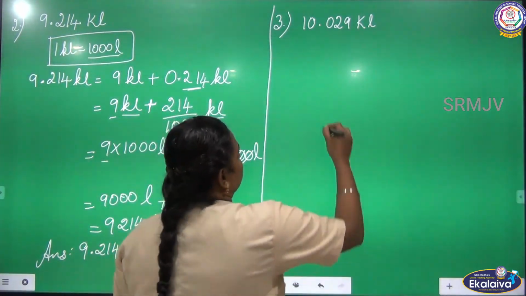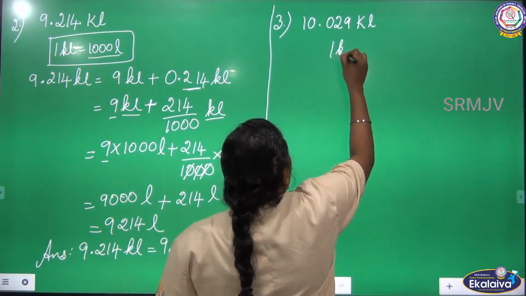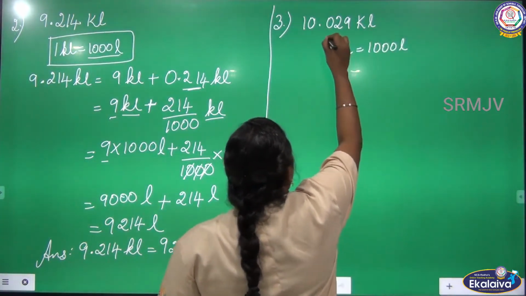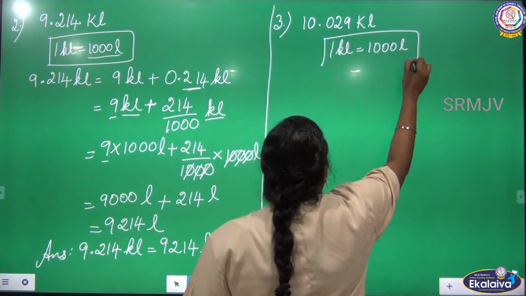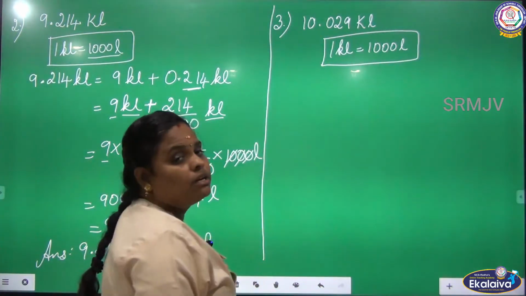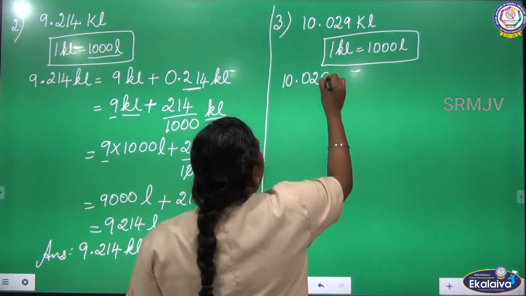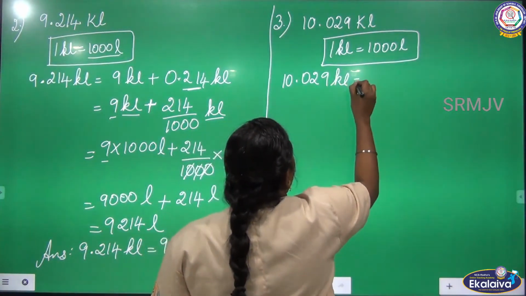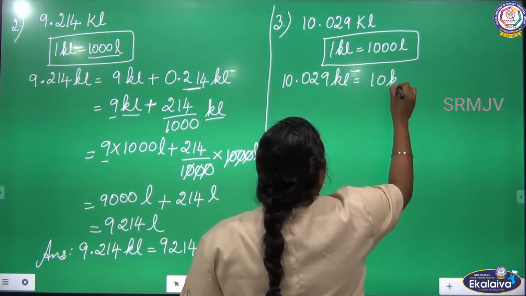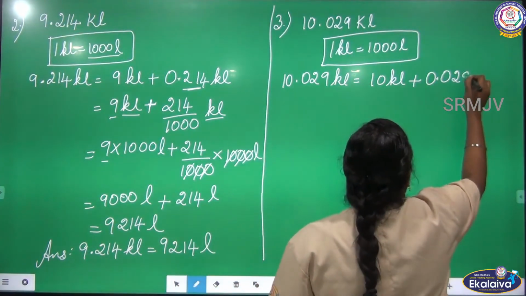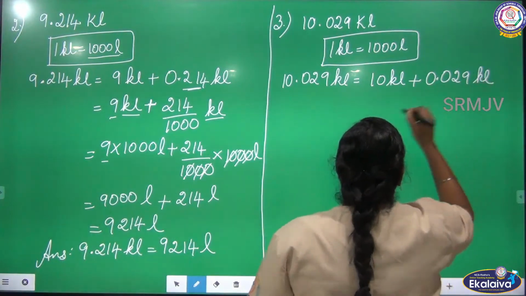Next one, 10.029 kiloliter equal to. So we will write 1 kiloliter equal to 1000 liter. So 10.029 kiloliter equal to 10 kiloliter plus 0.029 kiloliter.